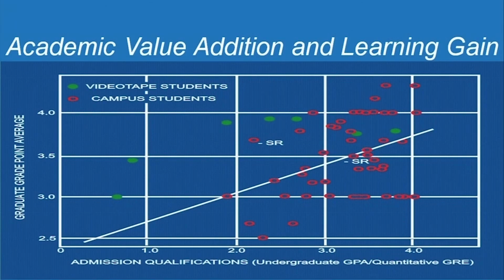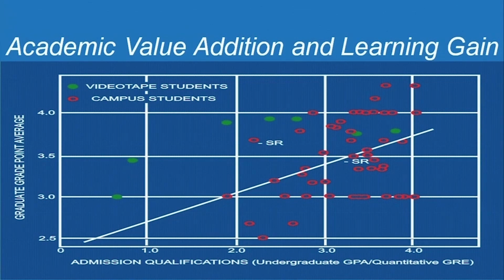Let me now show you a graph of educational productivity. So, we were talking about educational productivity. Now, let us look at this graph, academic value addition and learning gain. I should have added educational productivity along with it. This graph shows the performance of campus students, which are marked by the red dots, and videotape students, which are marked by the green dots.